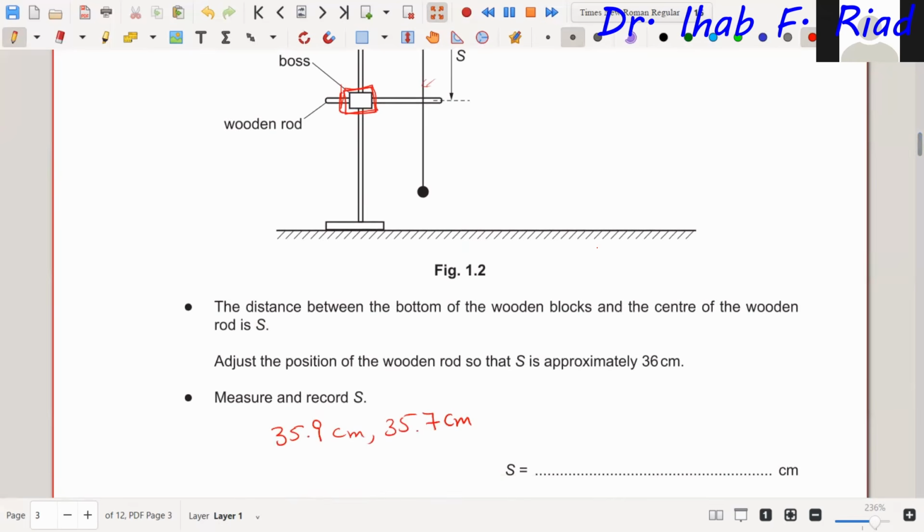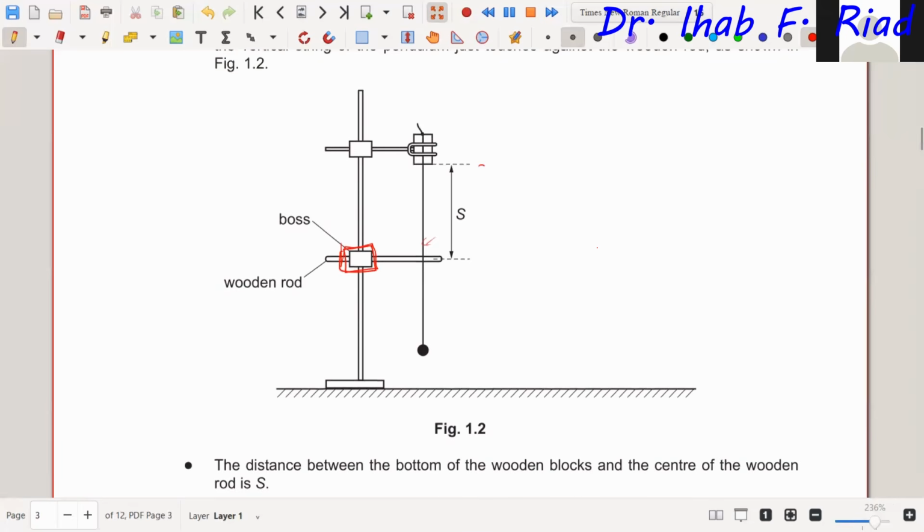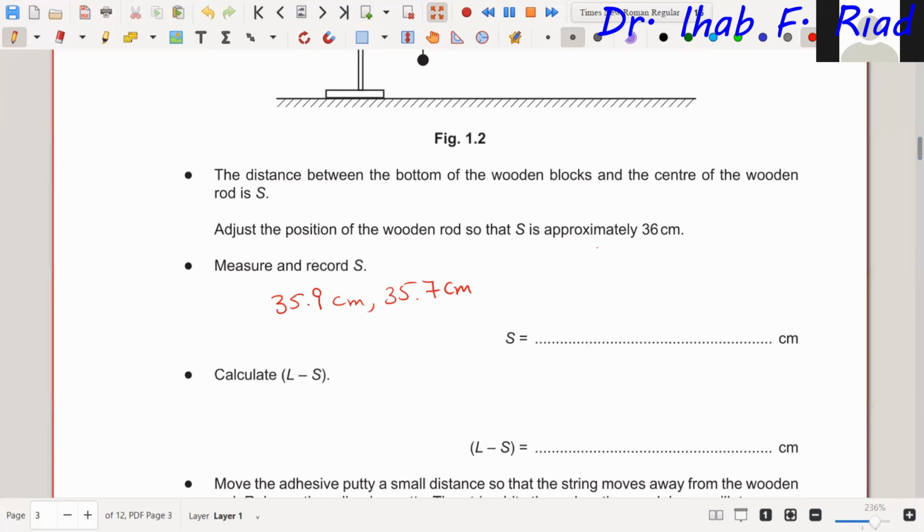So he is telling us the distance between the bottom of the wooden block and the center of the wooden rod is S. This is S. Adjust the position of the wooden rod so that S is approximately 36 centimeters. We carried out the measurement twice and used the average value.